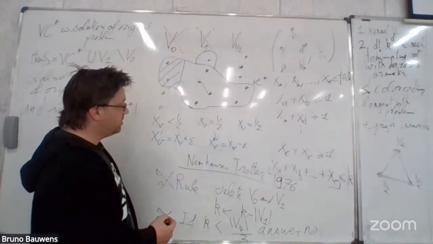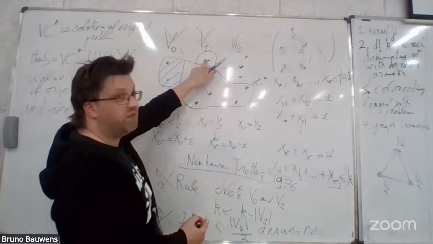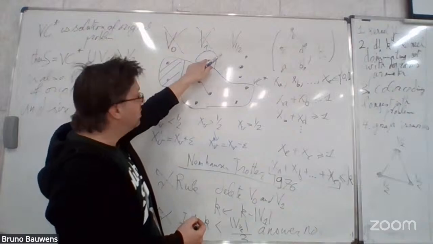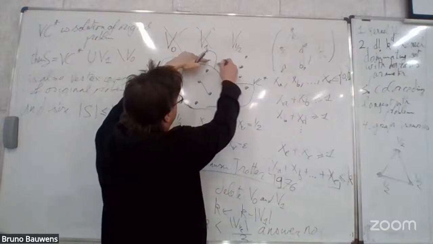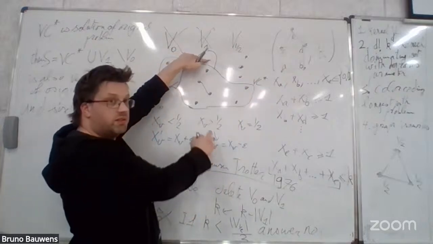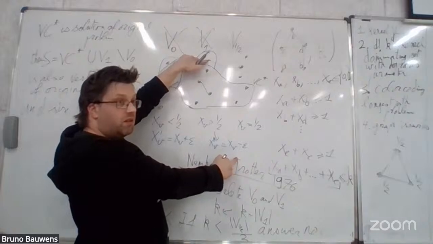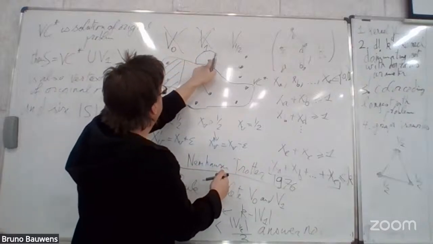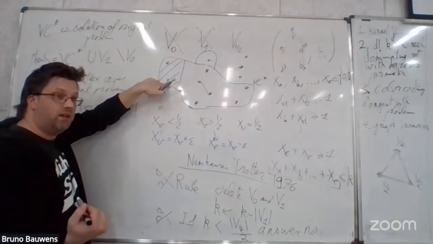So where else do we need to check? Here we decrease, so we need to check outgoing edges from V1. Edges that go here are okay, because we remain bigger than 1/2 by choice of epsilon. Edges that go from here to V0 are still okay. Why?